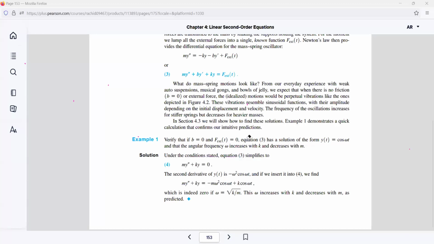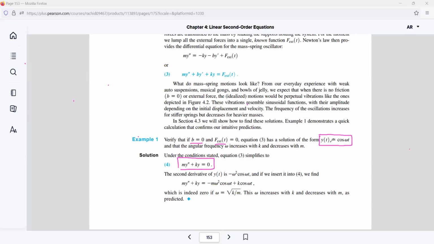When you replace it, with B being 0 and external forces 0, it reduces to this. This is just plug in and check.